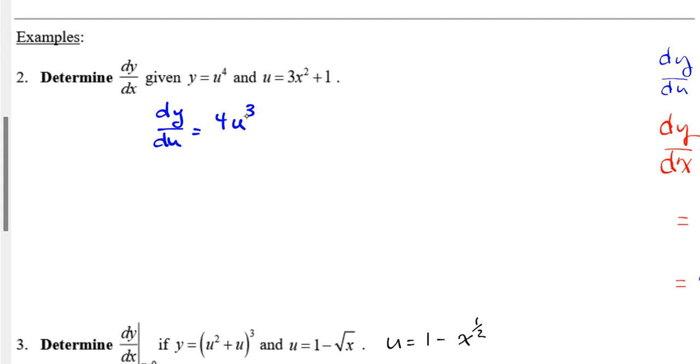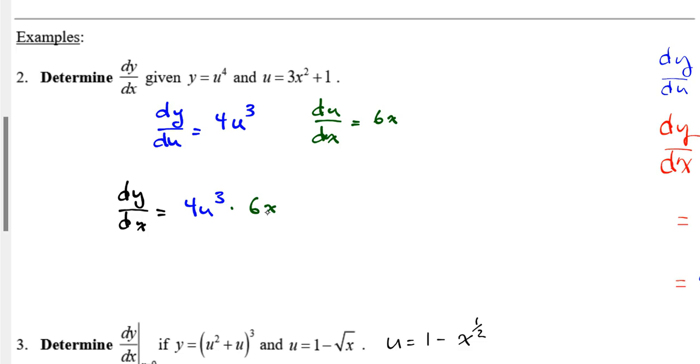And then we'd find du/dx, which is going to be 6x. So dy/dx is equal to 4u cubed times 6x.